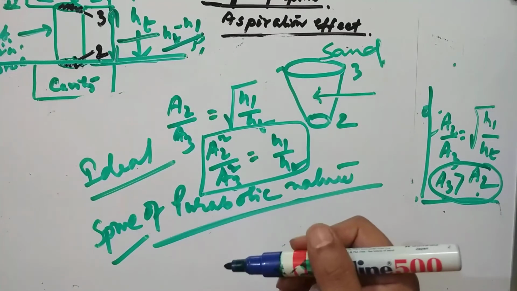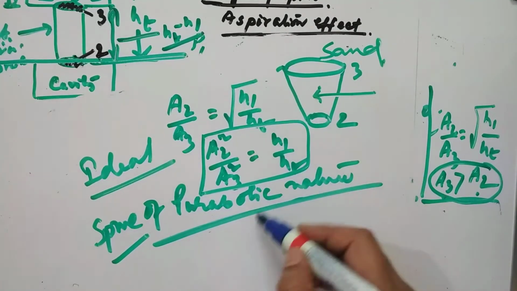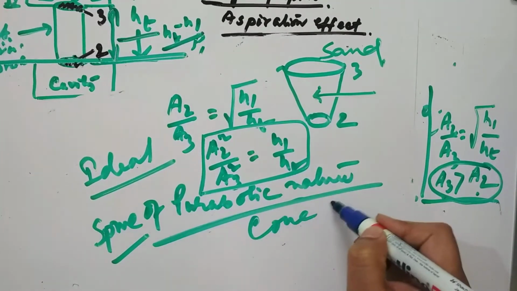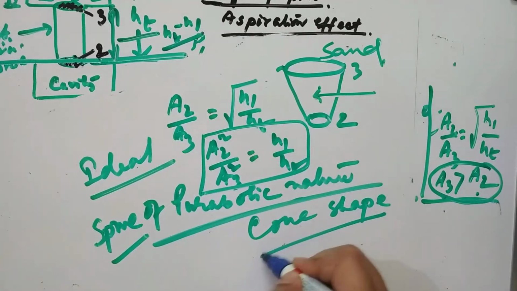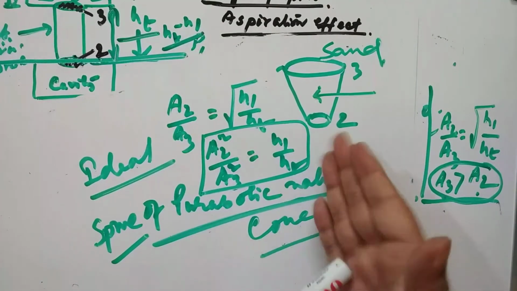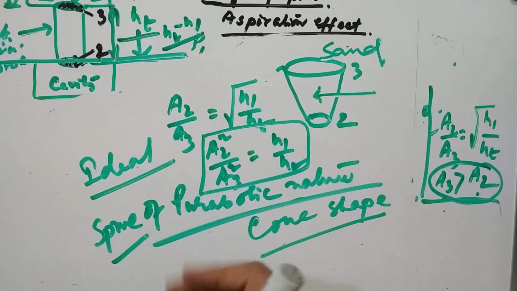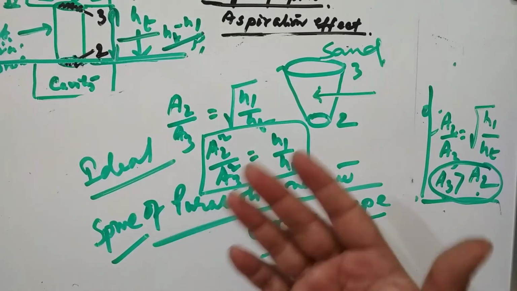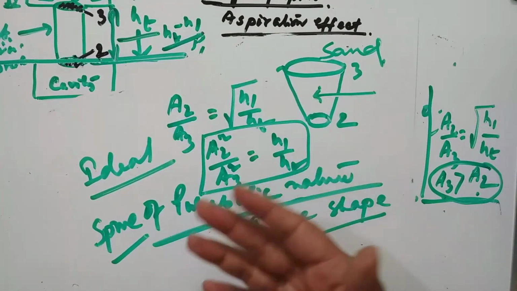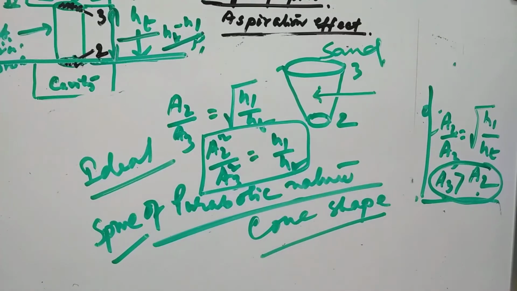The cone shape is the next better option in designing of sprue. But if anyone asks you theoretically what should be the ideal shape for a sprue, you must tell that the ideal shape of a sprue should be parabolic only.